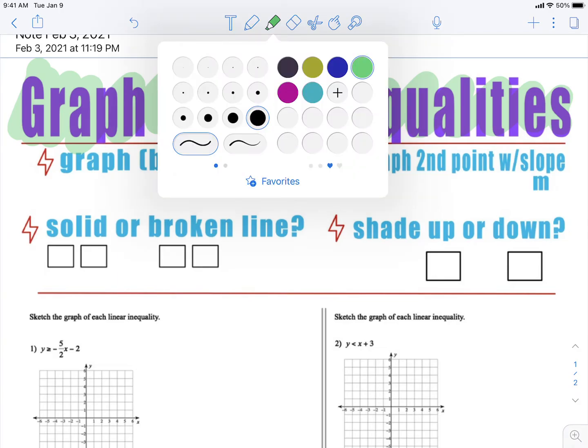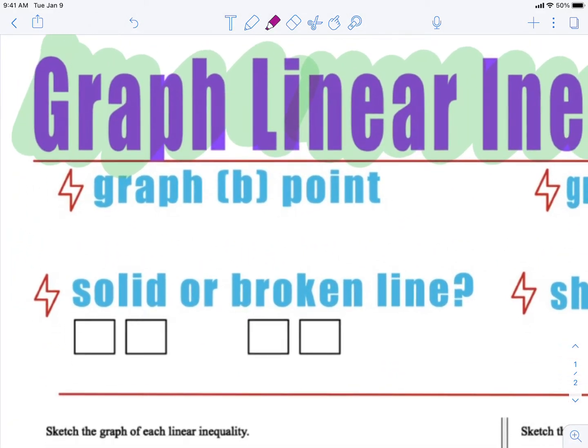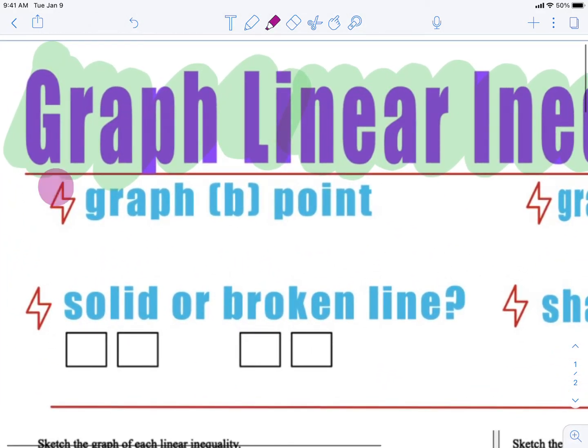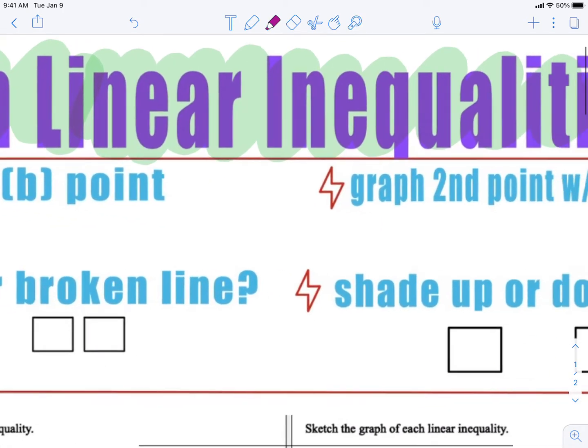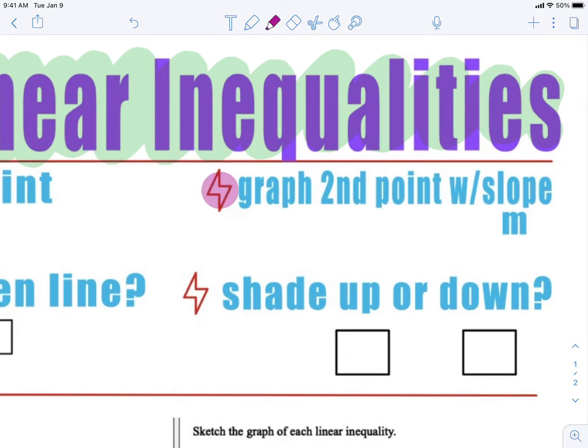So, the first thing that we are going to recognize here is this first bullet point. It says graph b point. We're going to graph the y-intercept first. Second lightning bolt here says we're going to graph a second point with slope, m.